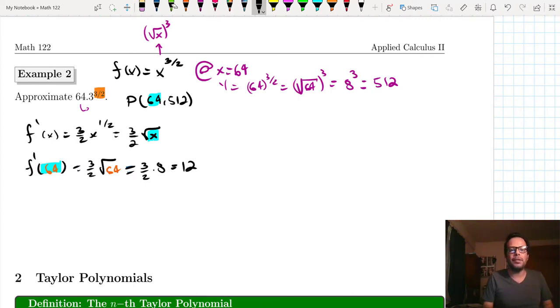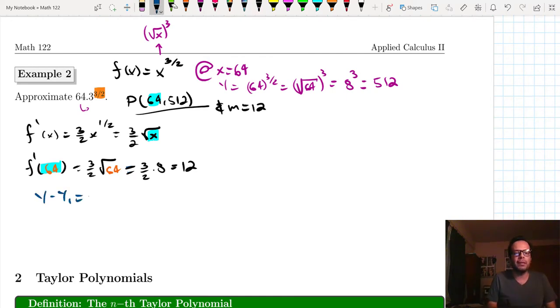So now we have the point (64, 512) and the slope to be 12. We are going to use the same form again, y minus y1 equals m times x minus x1, where y1 is the y coordinate of the tangency point, m is the slope, which is 12, and x1 is 64.